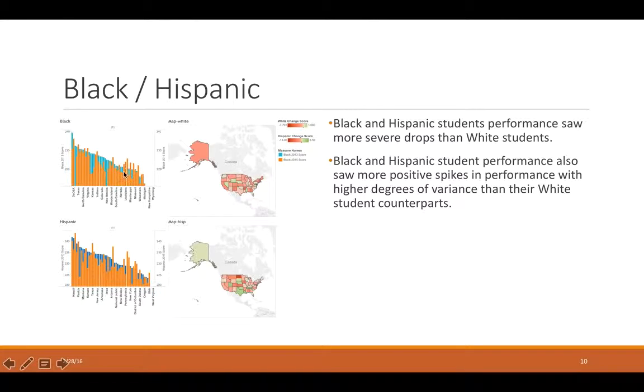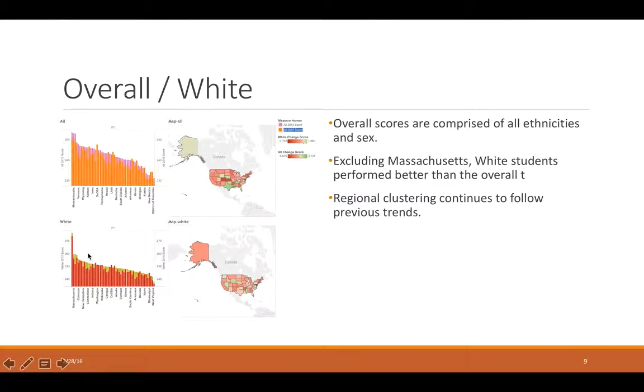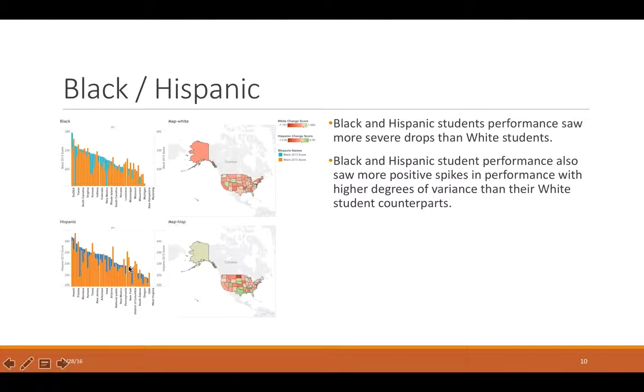But you also see spikes in other states that are higher in density, and the variance is a lot better than overall white. Whereas if it does go above the mean, it's only slightly. Whereas these ones, there's a significant shift in the performance.